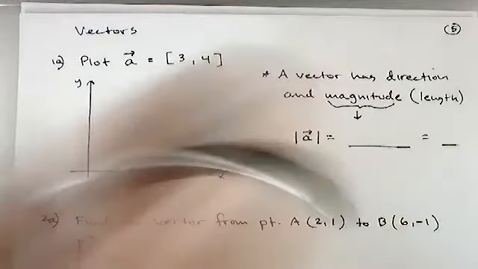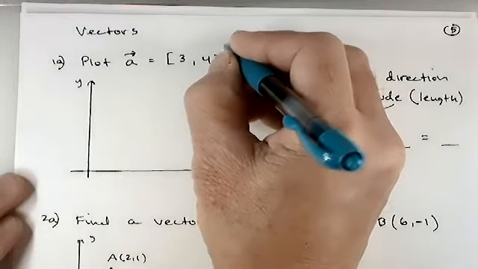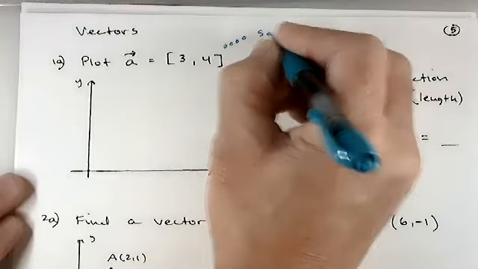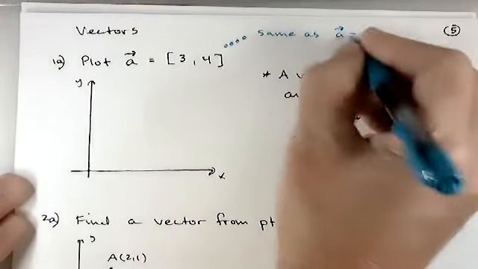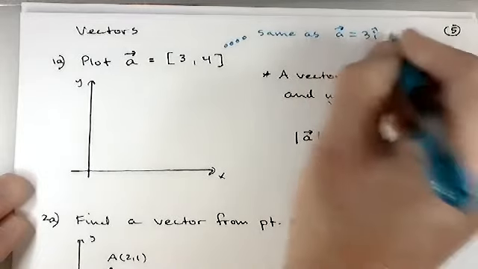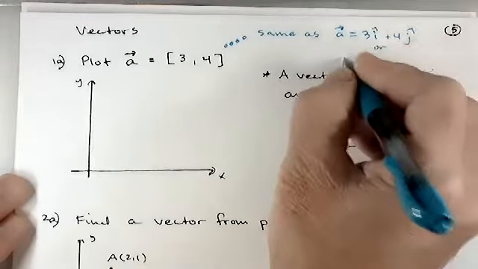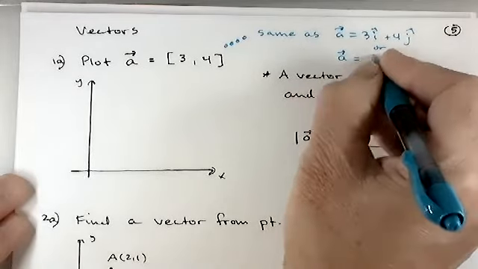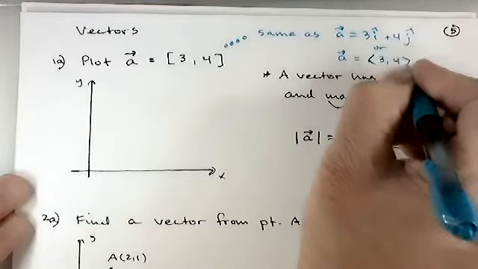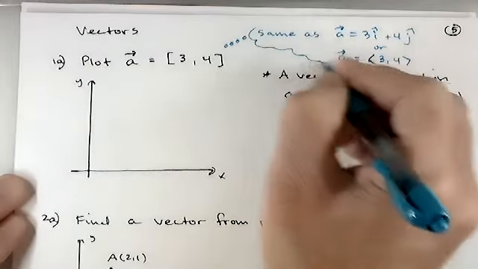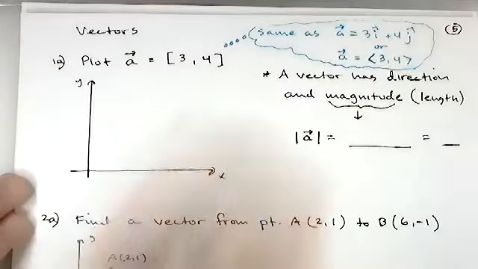For you folks who have some experience, this is the same as 3i hat plus 4j hat. I know in the 21 series we use these kind of brackets, 3, 4. That's how we do it in 21. But in 17, we write them with closed brackets.